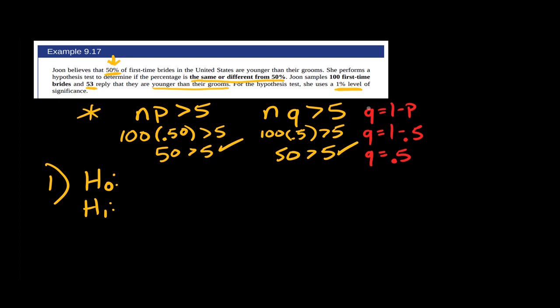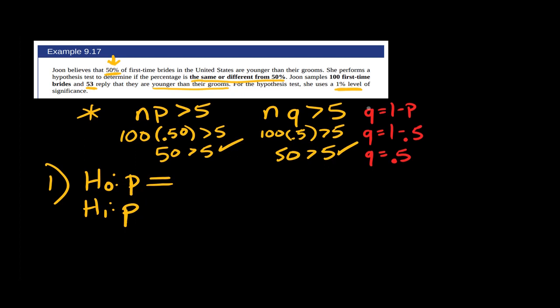We're writing it for p, the population proportion, because we're talking about a percentage. If you were writing it for a mean, you would have started with mu. The null hypothesis will always have the equal sign. That is what we are assuming to be true, so it always has the equality.